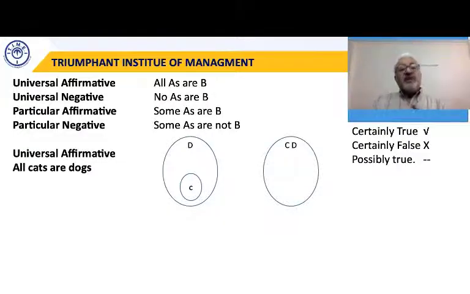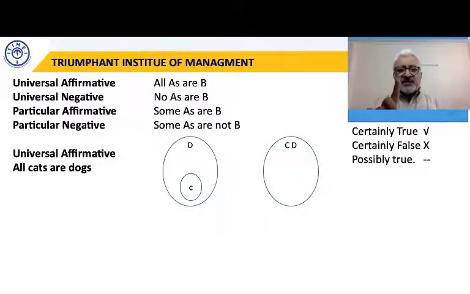Because maybe if we have, let's say, 100 different pictorial ways of representing all cats are dogs, and in one situation it can be true, but in the other cases it is false, then we'll not say certainly false, we will say possibly true, because there is a possibility.